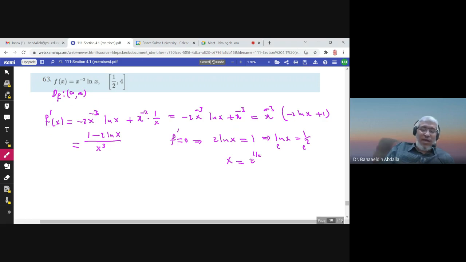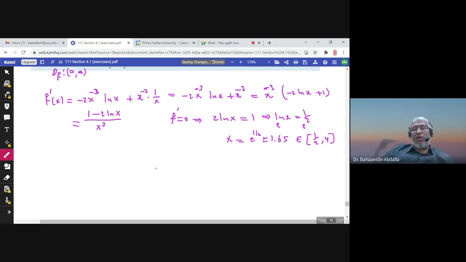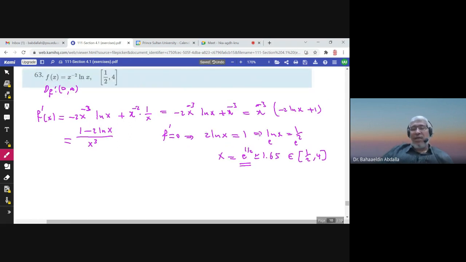If I find e to the power half by calculator, it is approximately 1.65. And 1.65 belongs to the interval 1 over 2 and 4. So this is the critical number that belongs to this interval. And in fact, it is the only critical number because 0 cannot be a critical number.